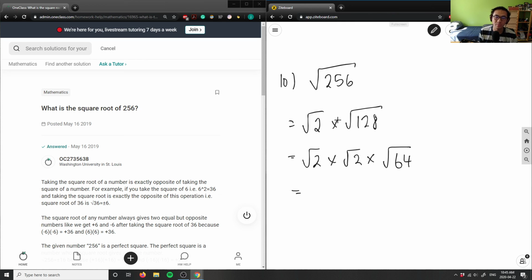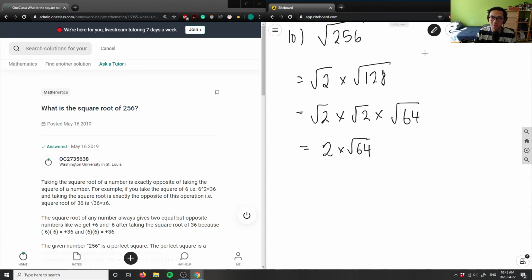And I know I can now simplify these two terms. Root 2 times root 2 equals simply 2, so I have 2 times root 64. Now it looks very easy. I know the square root of 64, because from your squared numbers, 8 squared is 64.